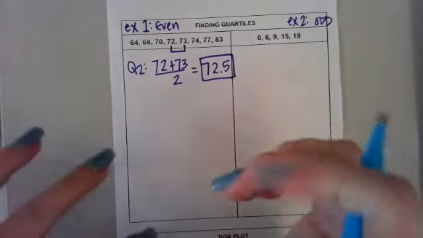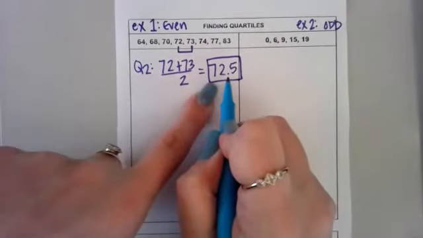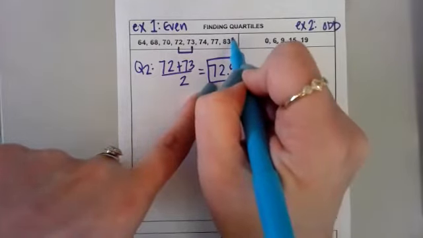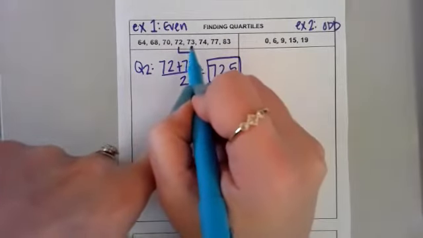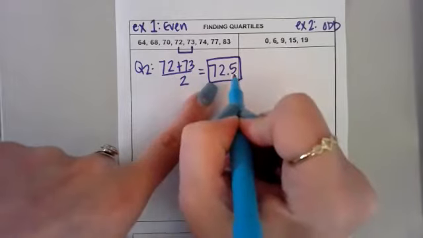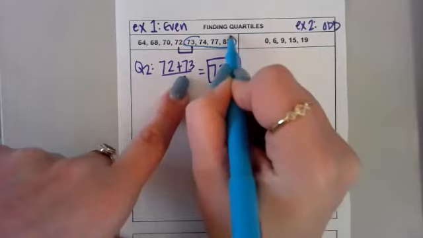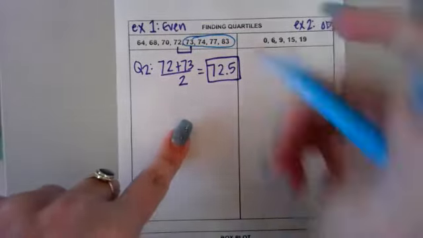So the upper half is everything that is bigger than our median, everything that is bigger than 72.5. I'm going to circle the group that's the upper half. Even though I had to use 73 to calculate my median, it's technically bigger than 72.5. So everything from 73 on up, that is what's called our upper half.